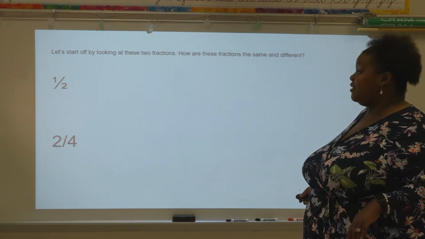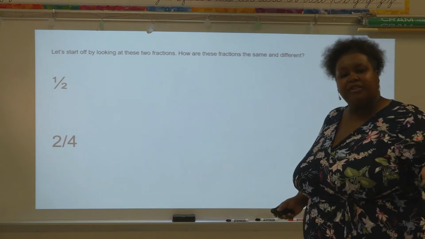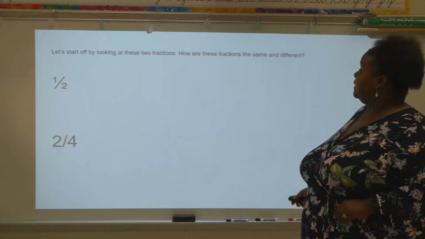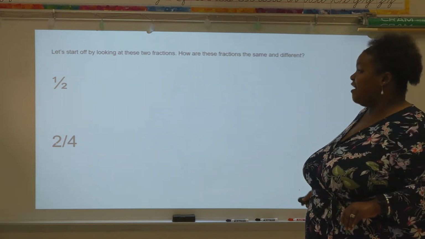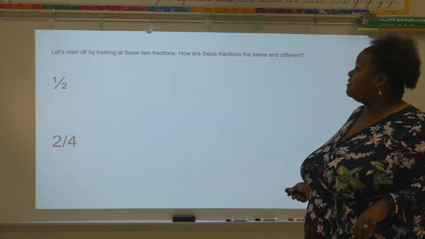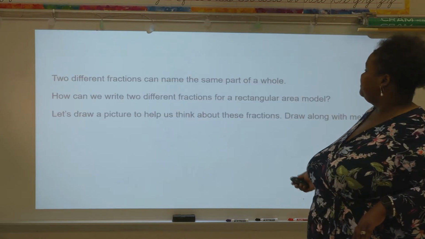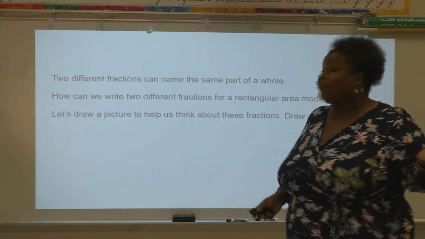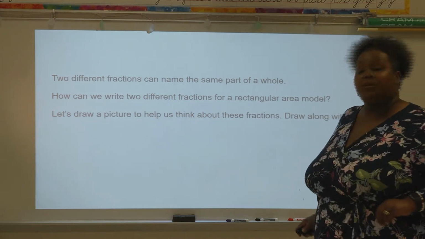Now, how are these fractions different? Well, they're different because our numerators are different on both of them, and so are the denominators. Two different fractions can name the same part of a whole.